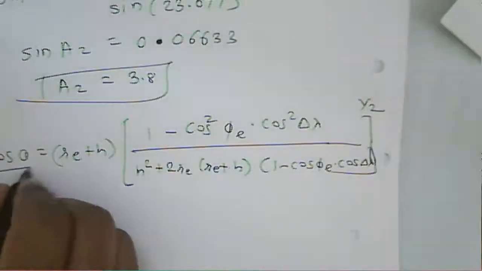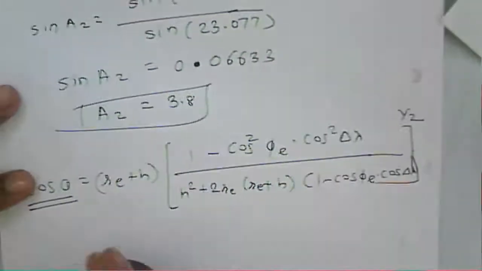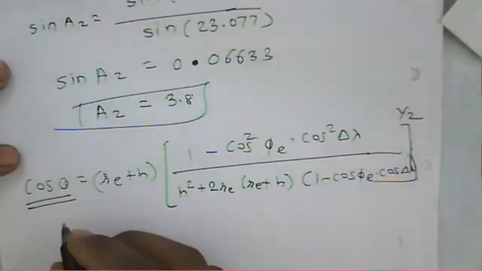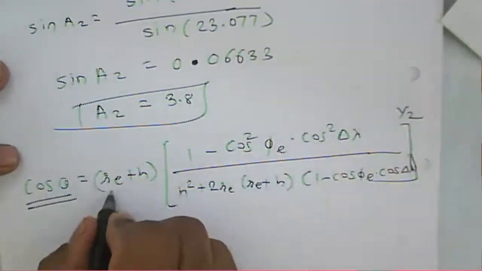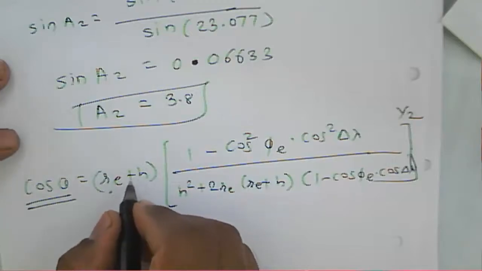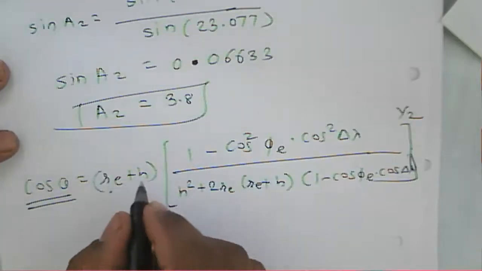So here we need to find out theta, that is the elevation angle of the earth station. We know Re, and we know the altitude H, that is 35 something. So this term we are getting.